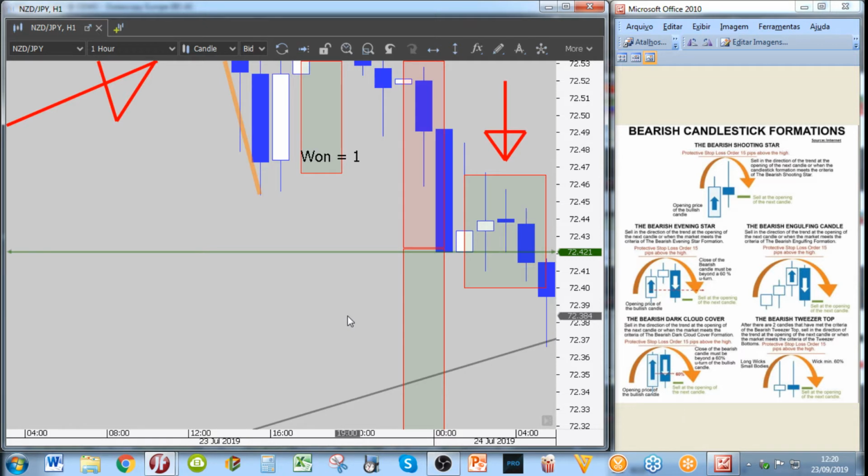Bearish shooting star, bearish evening star, maybe bearish engulfing, dark cloud cover, maybe tweezer tops. I don't know, right? Maybe the bearish evening star. You have an indecision candle in between, small body, and then you have a bearish decision.